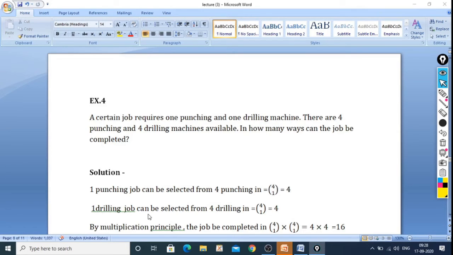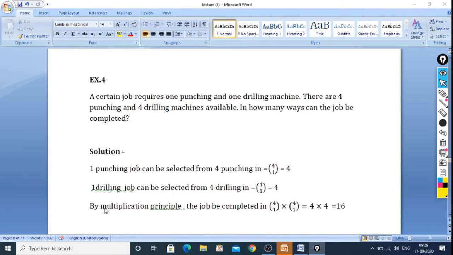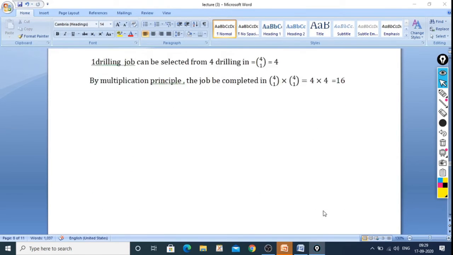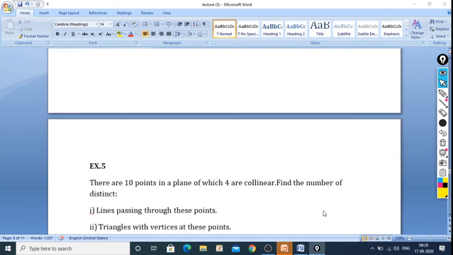And 1 drilling job can be selected from 4 drilling in 4C1, that is 4 ways. Now here both are required, so and is there. So by multiplication principle, the job can be completed in 4C1 into 4C1, that is 4 into 4, that is equal to 16 ways that we can complete them.